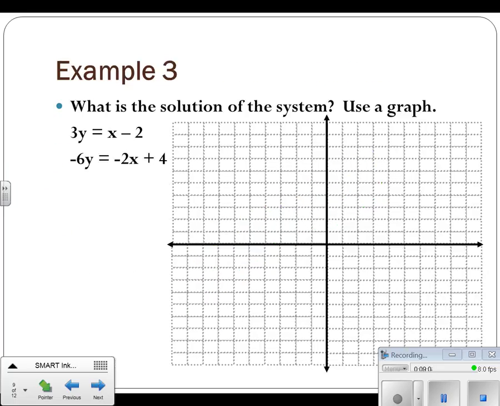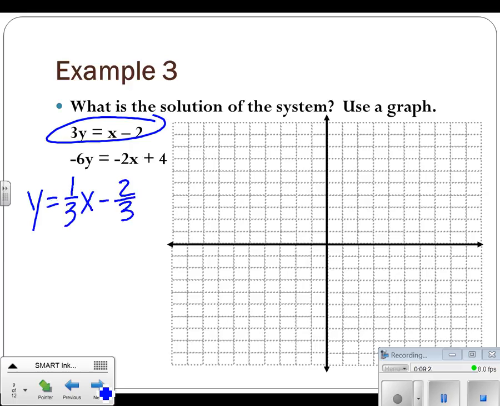So we're going to find a solution of this system, and we're going to graph it. With this first one, I'm going to divide both sides by 3 to get it in slope-intercept form. So y equals 1/3 x minus 2/3. And if I graph it, that's going to be at -2/3, so right in that area.